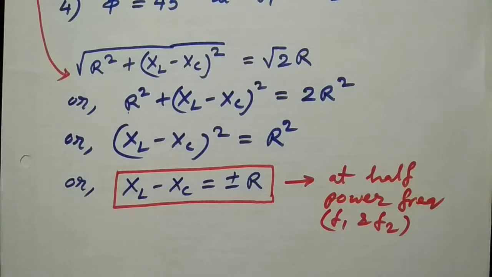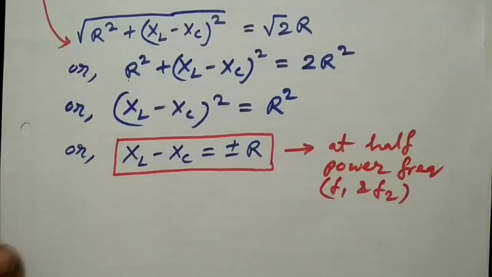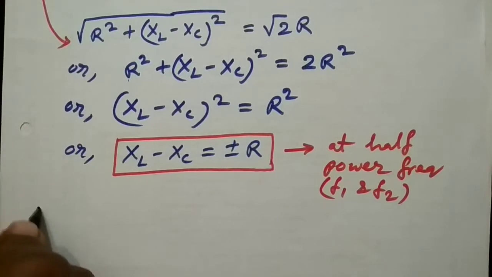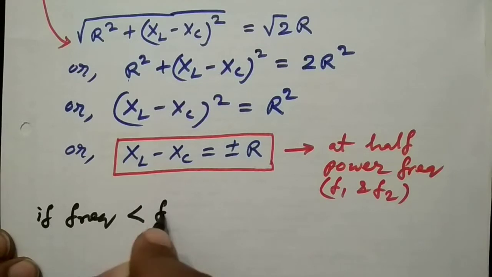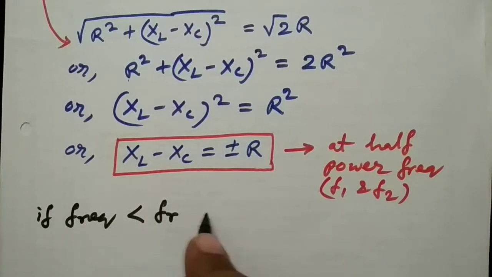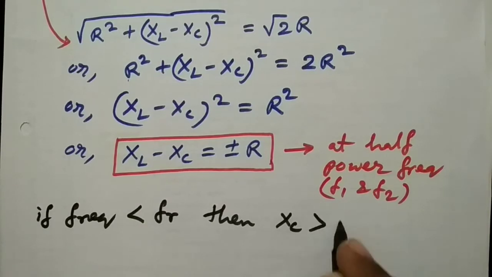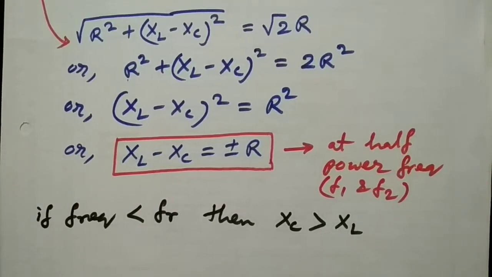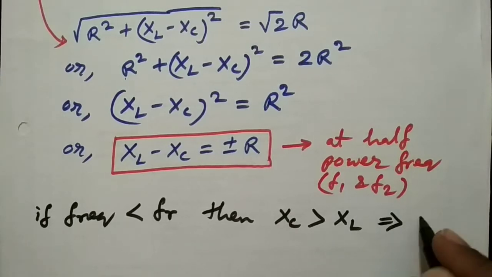If we remember the graphical representation of the resonance curve, there we discussed that if the frequency is less than the resonant frequency, then XC is greater than XL, so the circuit is resistive capacitive in nature.